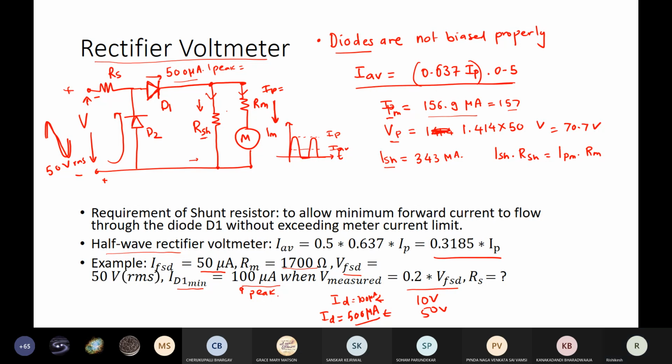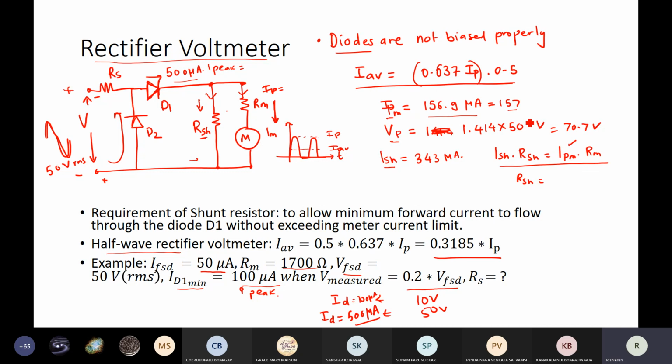Is this relation true or not? They are in parallel, so it is correct. So what is RSH then?